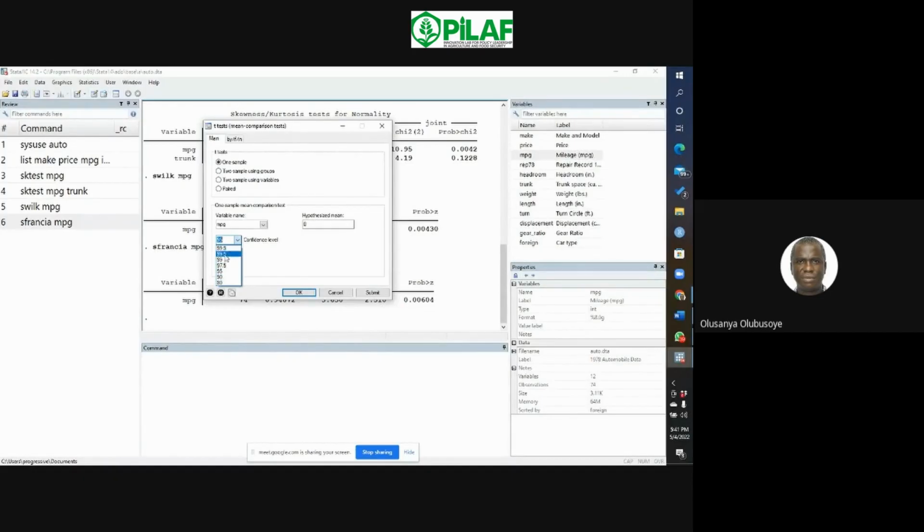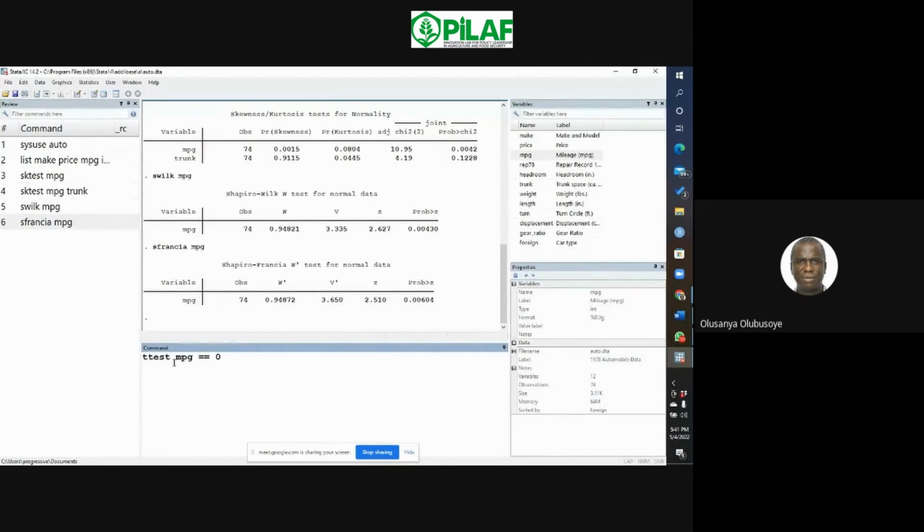But the default one, the common one, is 0.05 for alpha, which is 95% confidence for 1 minus alpha. So the opposite of level of significance is the confidence level.